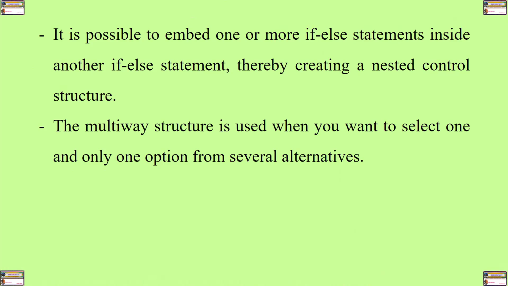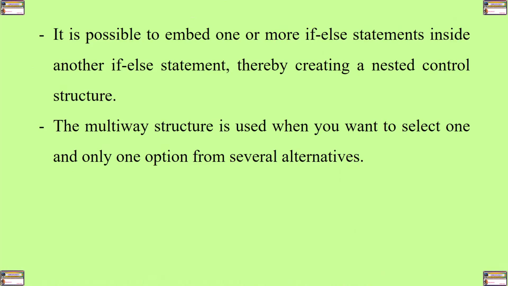And therefore, if you have a situation where you have several alternatives available, from where you need to choose only one alternative to execute, then we use what we call nested if-else statements. That's why we call this a modular structure.